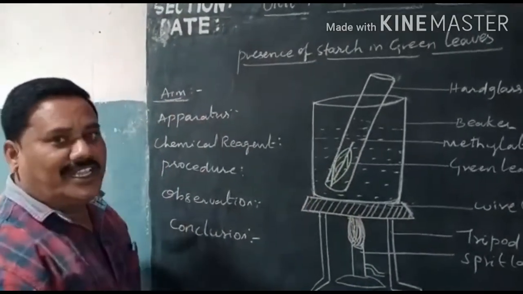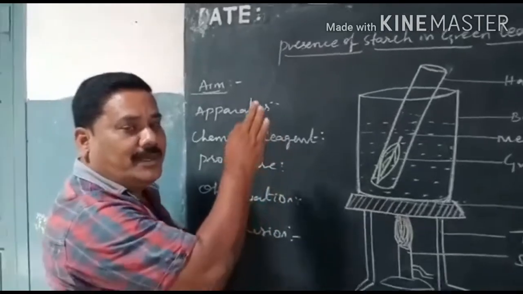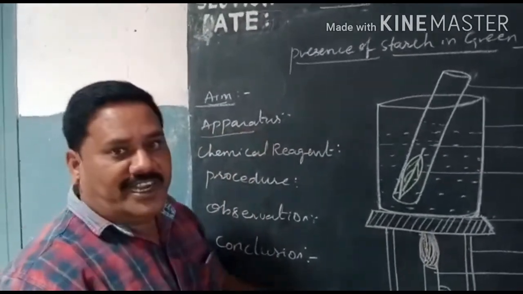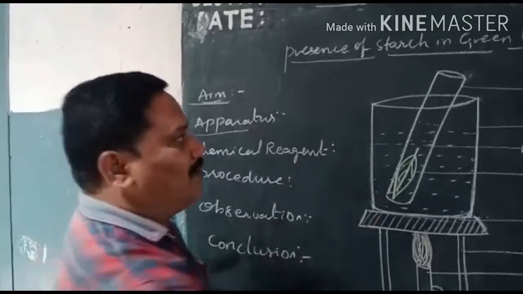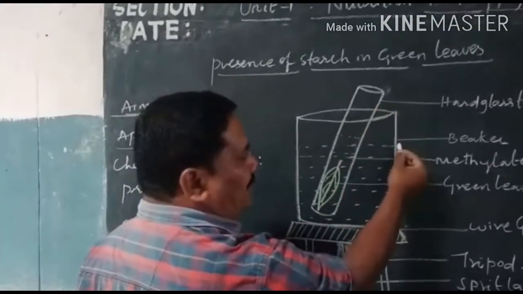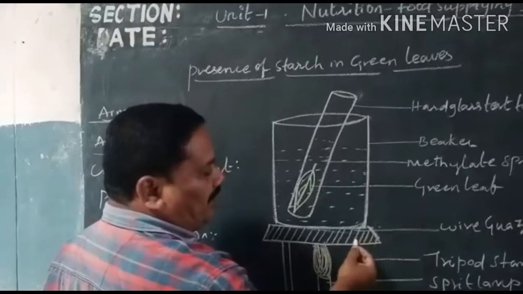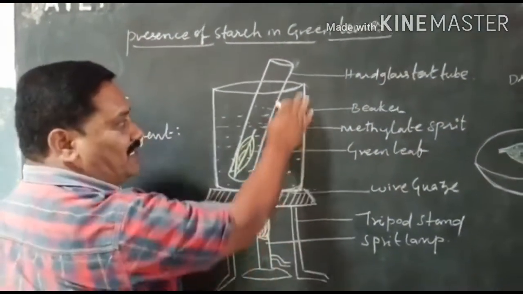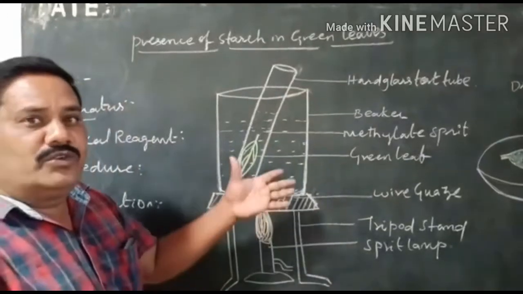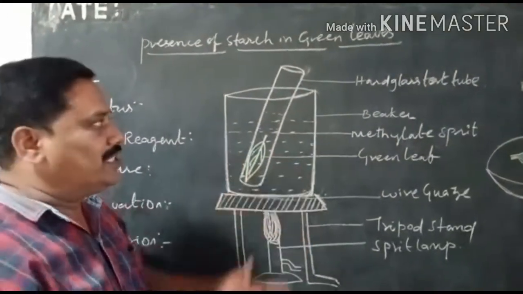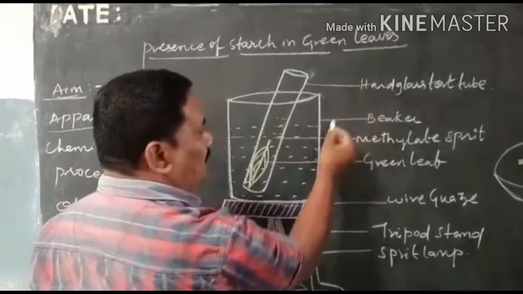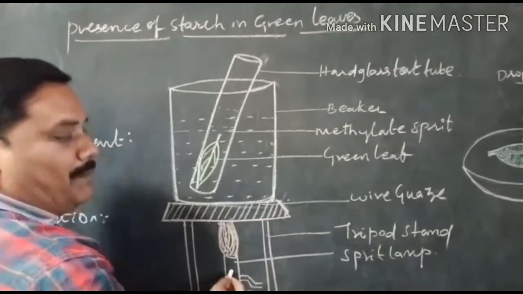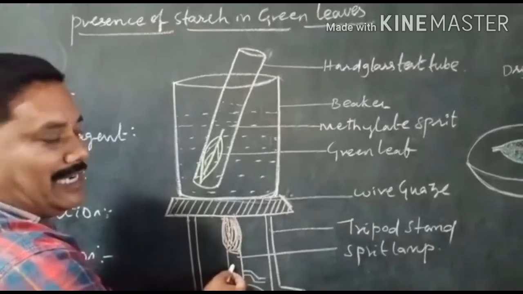Activity 1, part A: all green plants prepare starch. The apparatus needed for this activity: hard glass test tube, beaker, wire gauze, tripod stand, and Bunsen burner or spirit lamp.